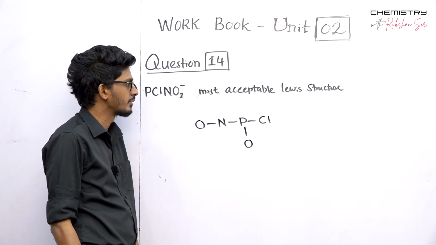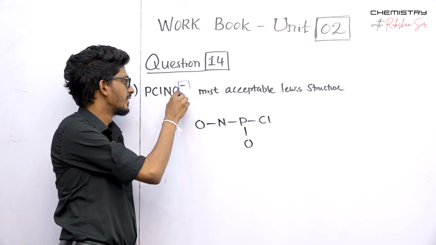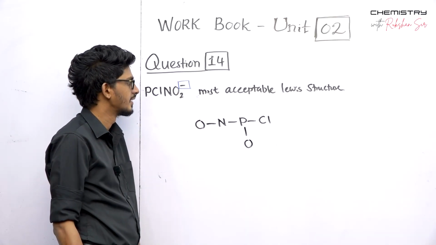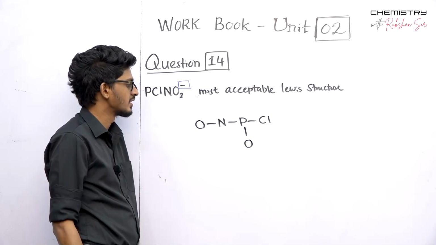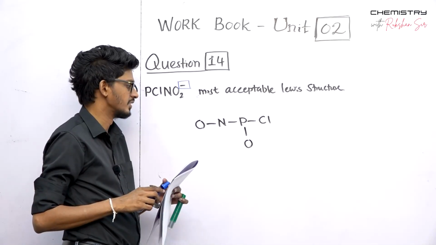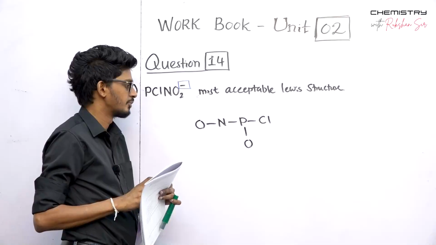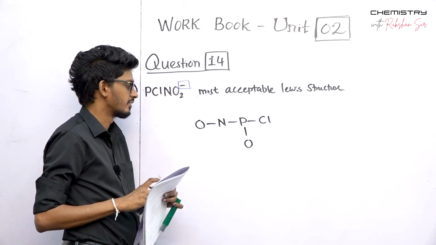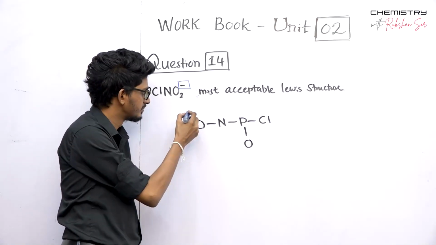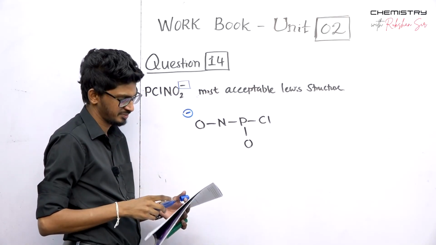So for a most acceptable Lewis structure, as you are with a net of -1 charge, better to put that -1 charge on an oxygen. Let's put the -1 charge on an oxygen for a most acceptable Lewis structure.